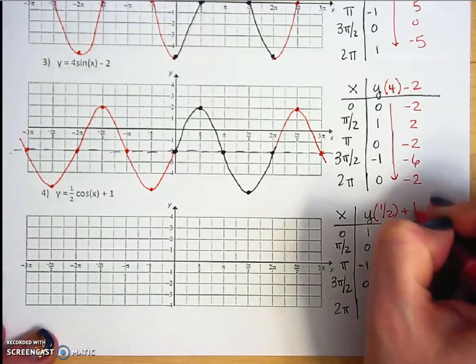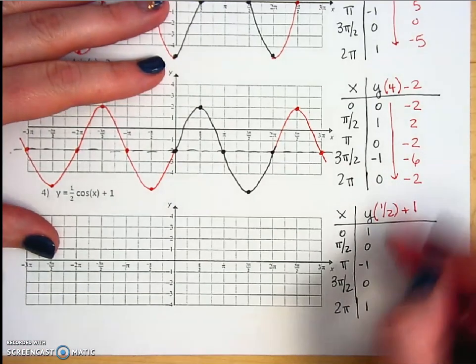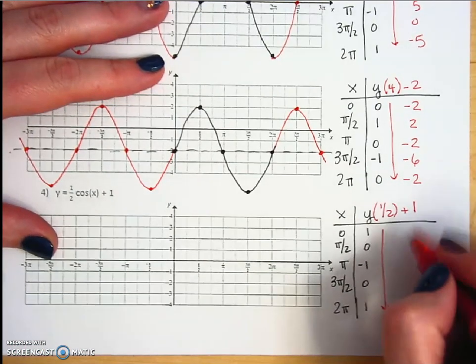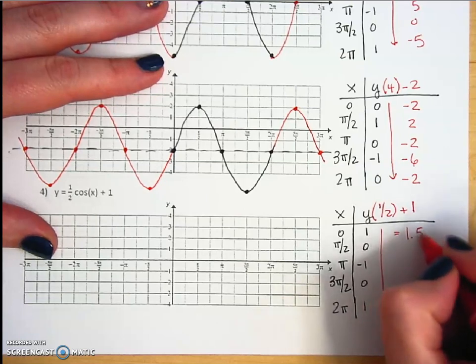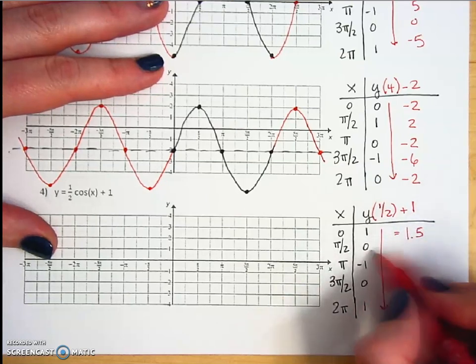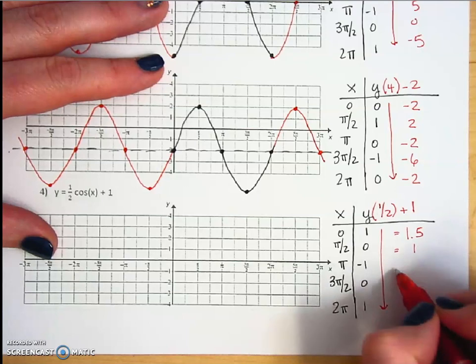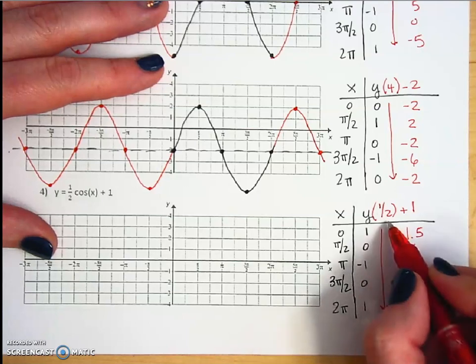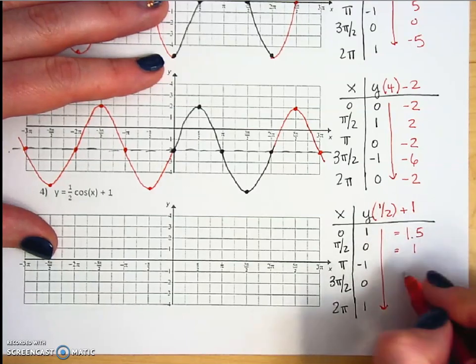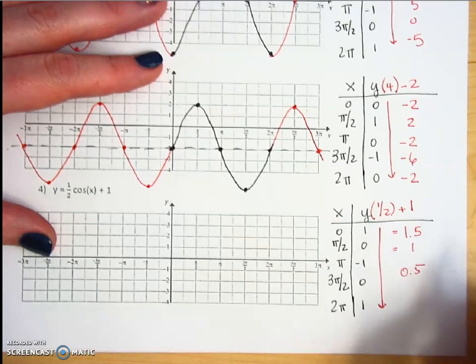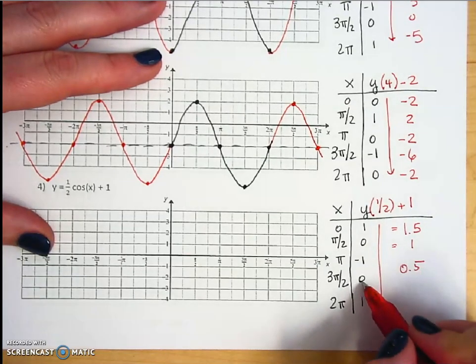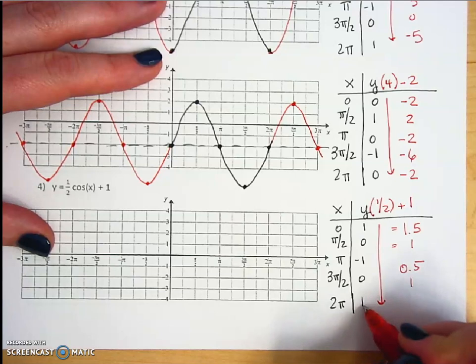I'm going to throw in some decimals here just to make the counting easier. So that gives me 1.5. 0 times 1/2 is 0, plus 1 is 1. -1/2 times 1/2 is -0.5, plus 1 is 0.5. 0 plus 1 is 1, and 1/2 plus 1 is 1.5.